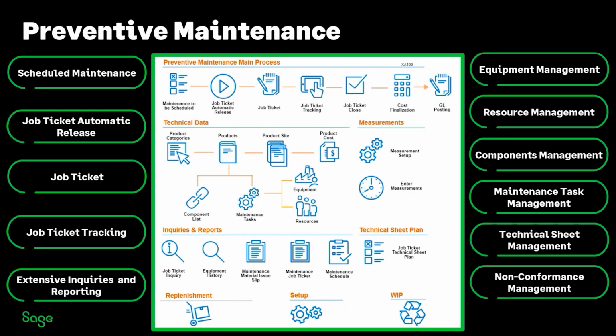invoke that non-conformance management. But if you look at there, you can start off from scheduling your equipment, where you say, is it going to be serviced after every 30 days, 60 days? Is it once a year service and so on? Once we've done that, there is the automatic job.